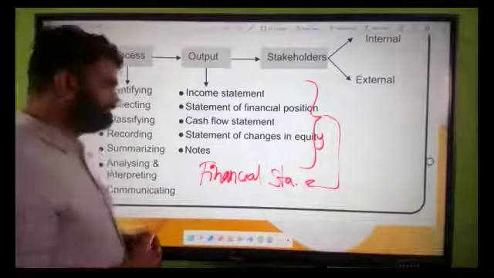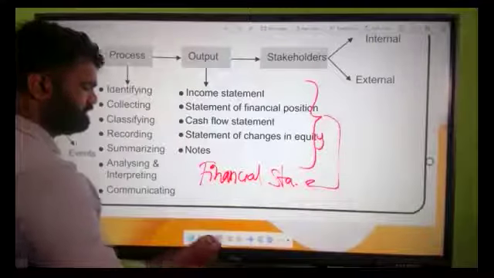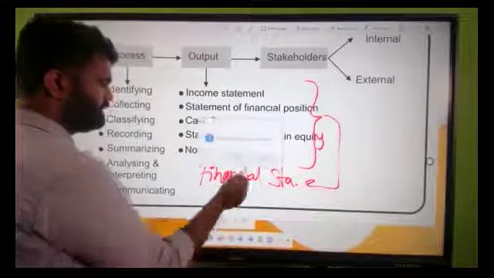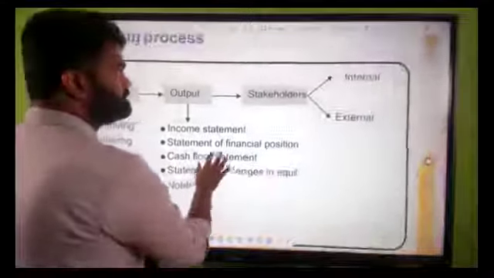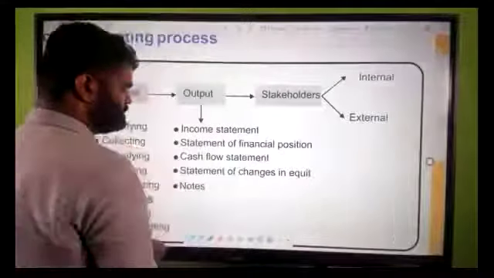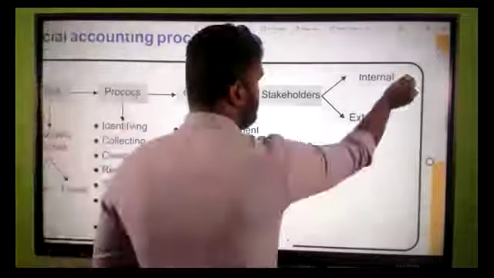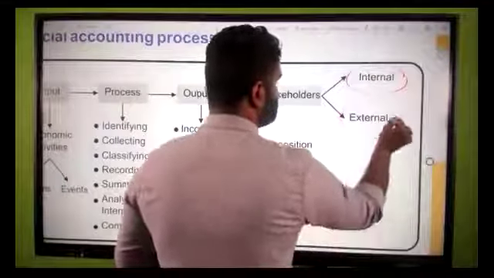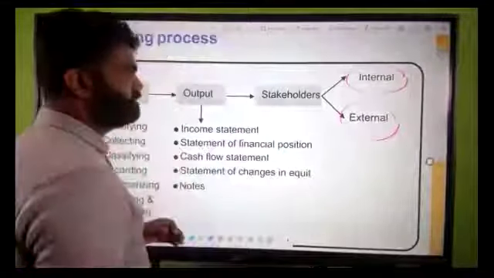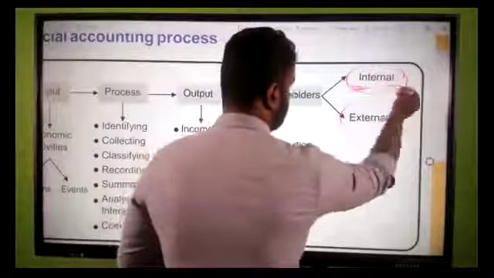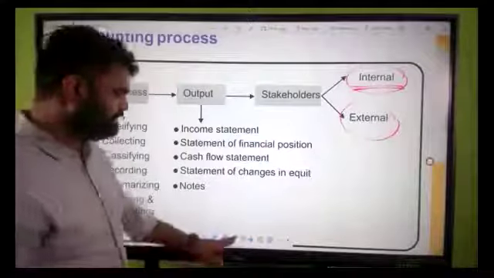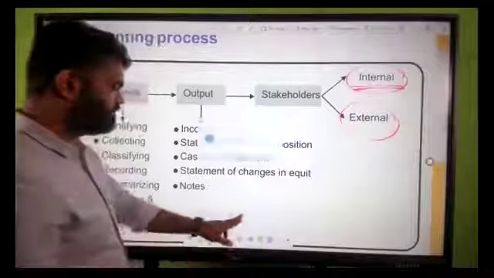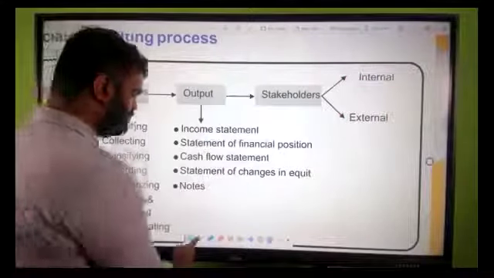These are the financial statements in financial accounting reports communicated to stakeholders. Financial statements are used by both internal parties and external parties, but management accounting information is used only by internal parties. So these are the basic factors of this. Now let's go for the next one.